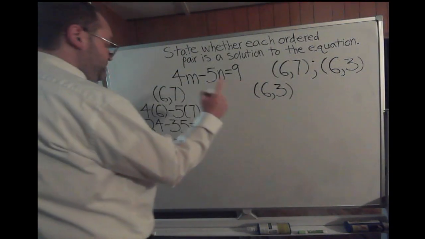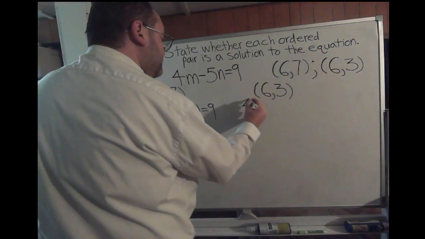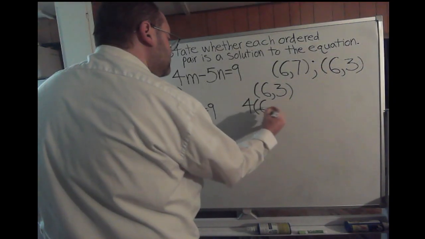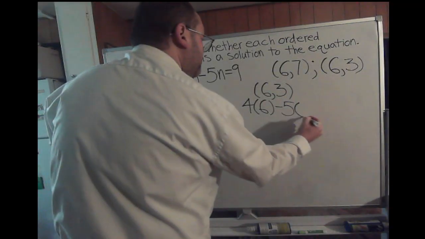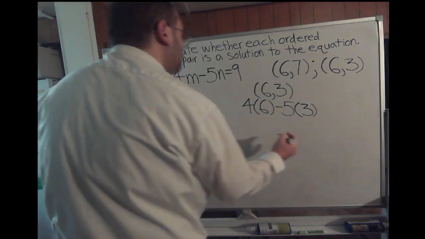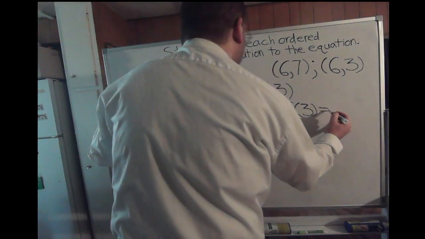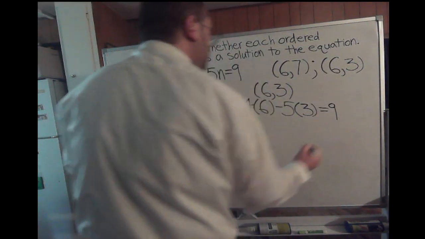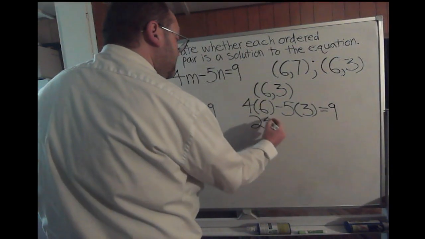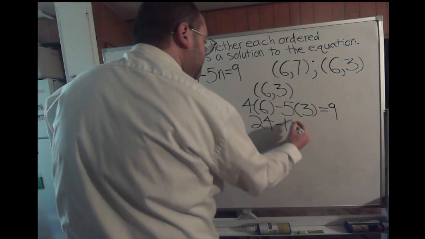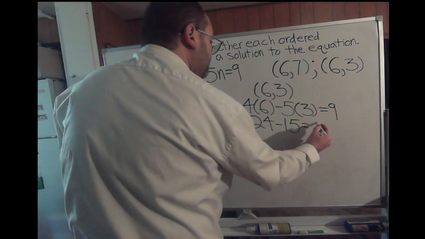Okay, so you'll still take your 6, put that in for m, so you'll have 4 times 6 minus 5 times your n coordinate of 3, so minus 5 times 3, you would set that equal to 9, okay? So 4 times 6, that is 24, minus 5 times 3, that's 15, which would equal 9.